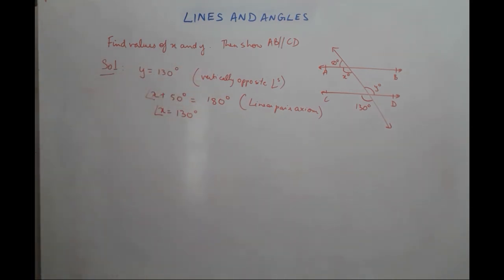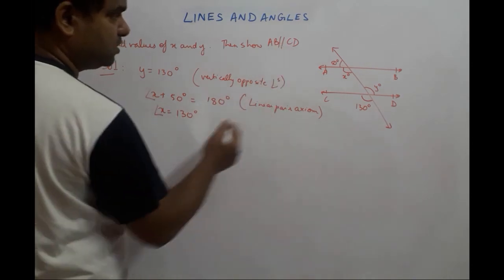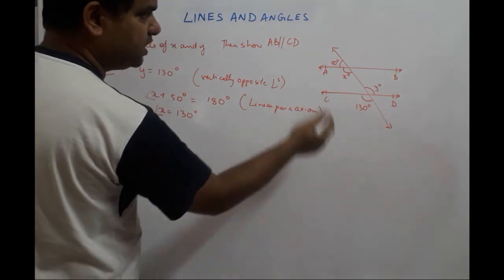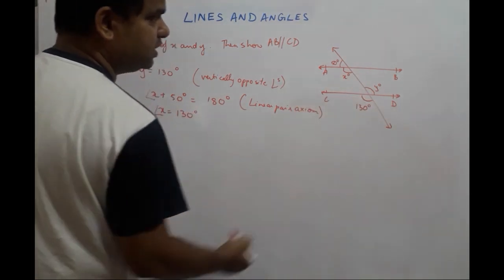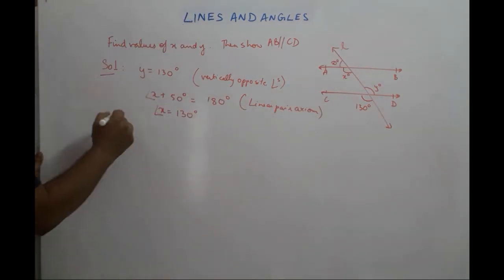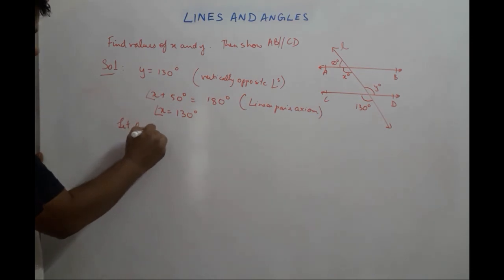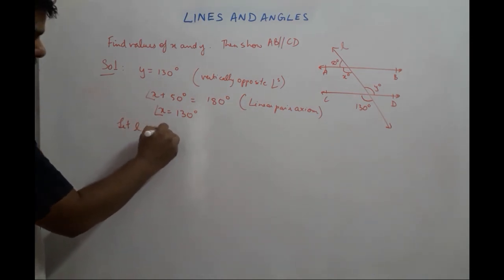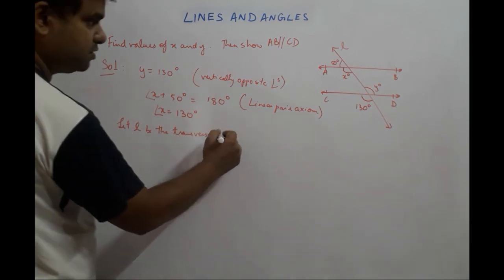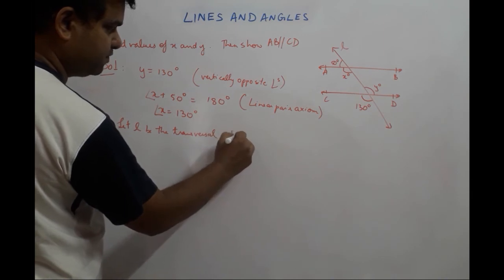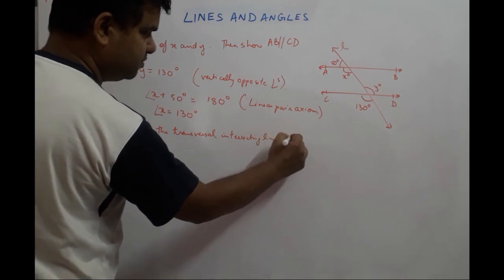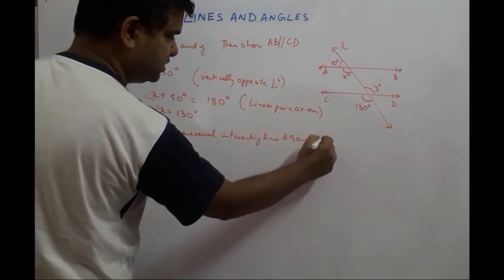Now our next step is to show that AB is parallel to CD. Let's give this line a name, say L. Let L be the transversal intersecting lines AB and CD.